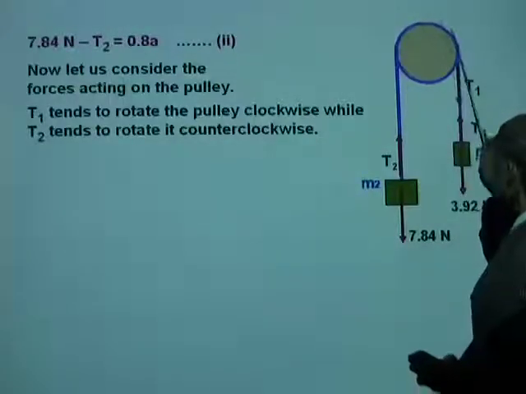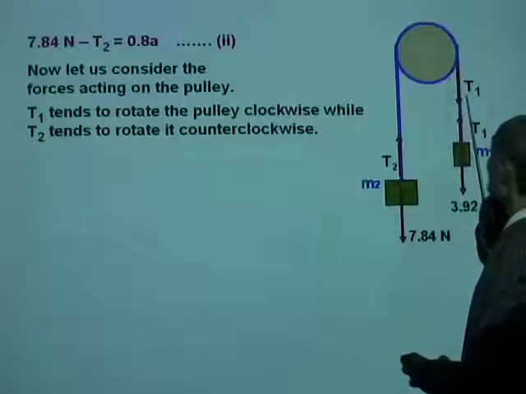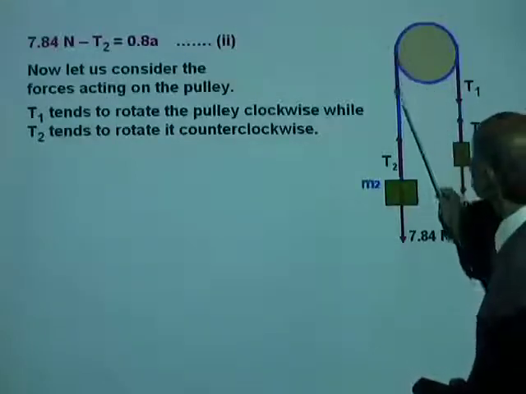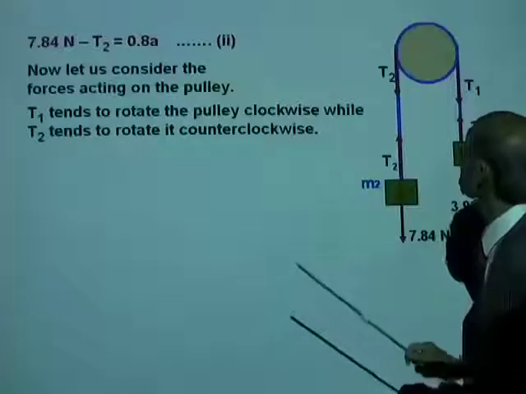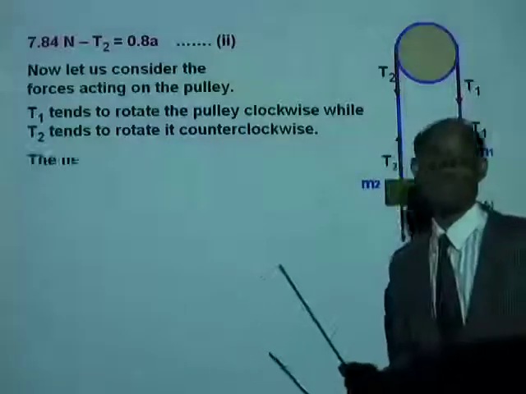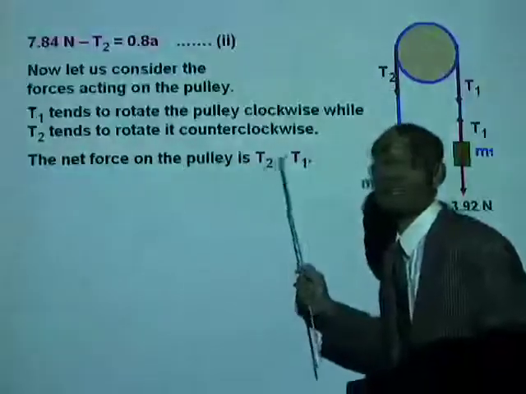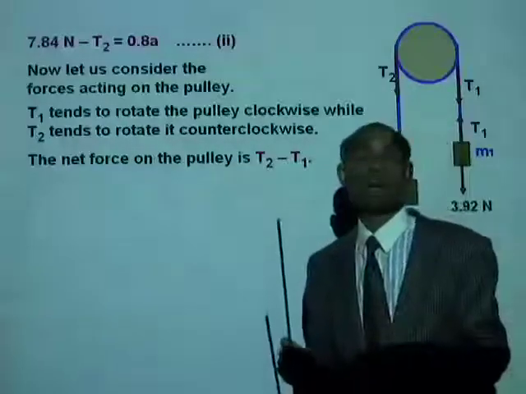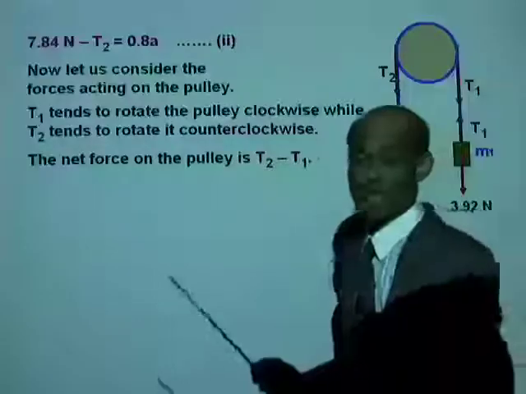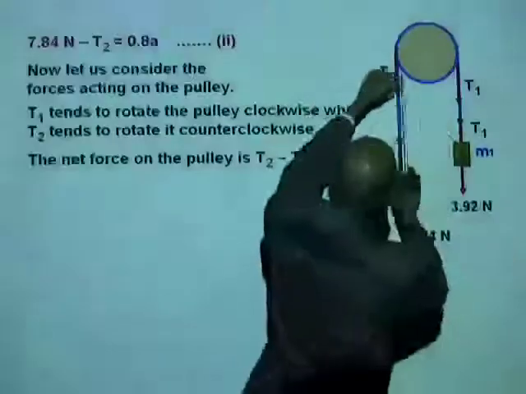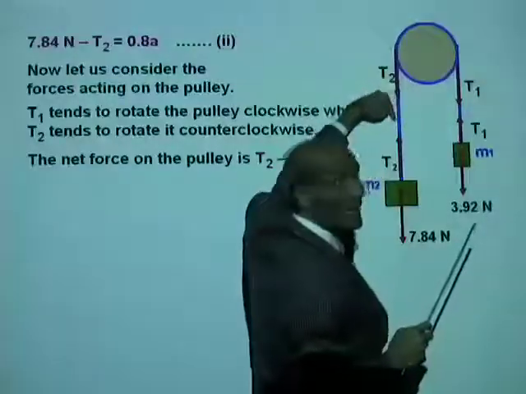T1 rotates the pulley in the clockwise direction, and T2 will then rotate the pulley in the counterclockwise direction. The net force on the pulley, therefore, is T2 minus T1. And the net force will be acting down here.